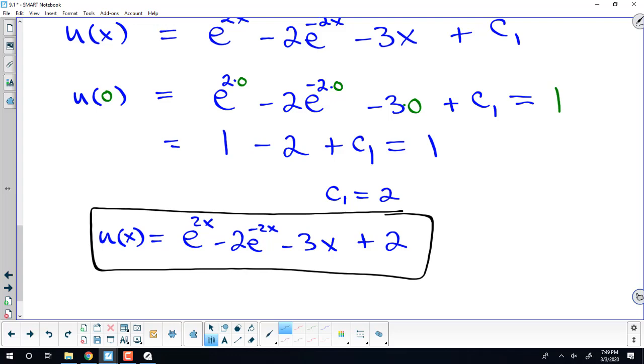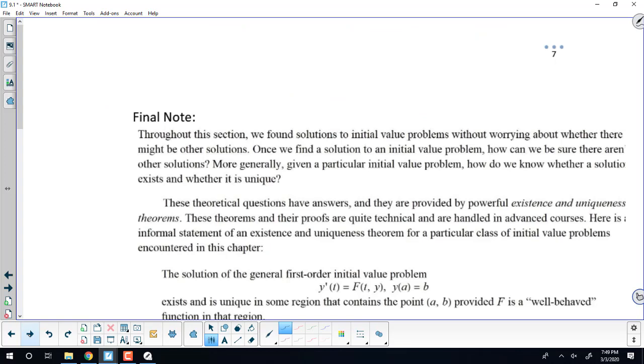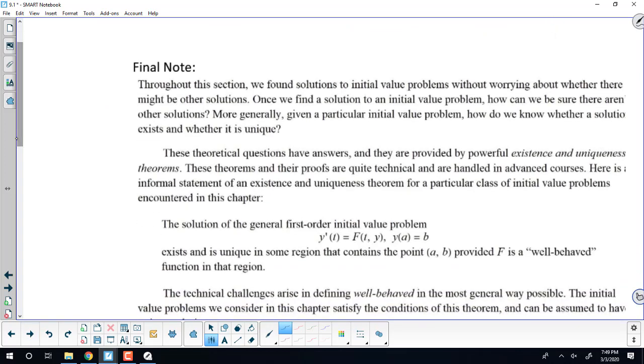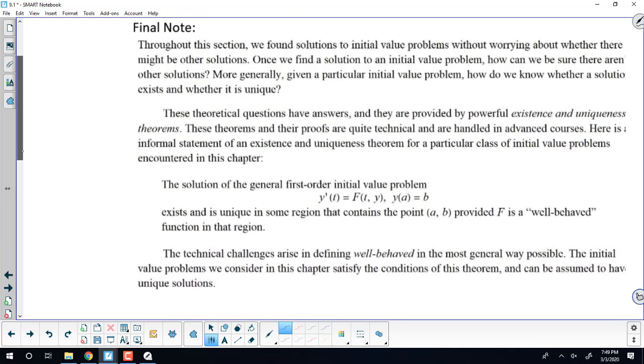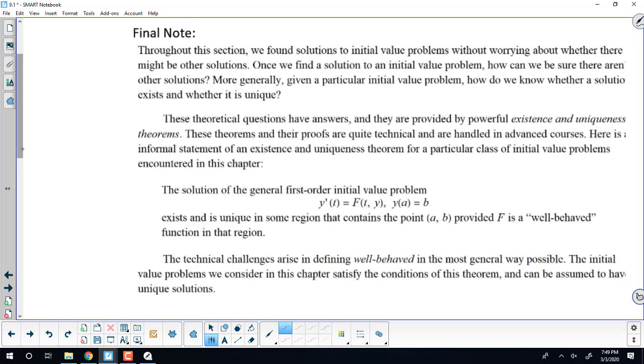Okay, the last page, I just took this from your textbook. A little bit of it got cut off, my apologies. But it's really nothing we need to worry about, nothing most of you would ever see. It is worthy to mention that there are instances where the solutions to differential equations aren't unique, and you might not be sure whether they exist. Sometimes you can guarantee that it exists but not find the solution.